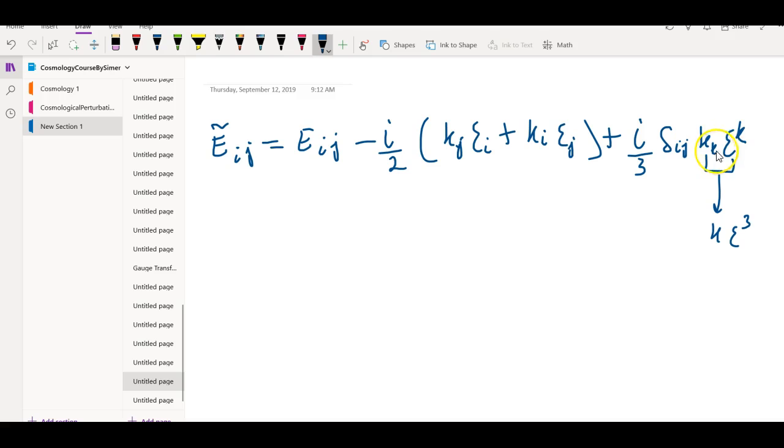When you contract on k, the 1 and 2 components will disappear because the 1 and 2 components of k are 0.